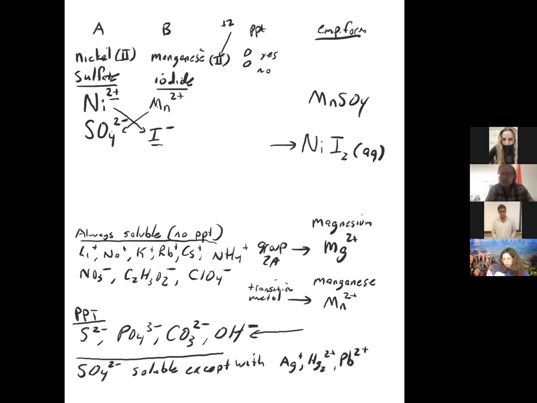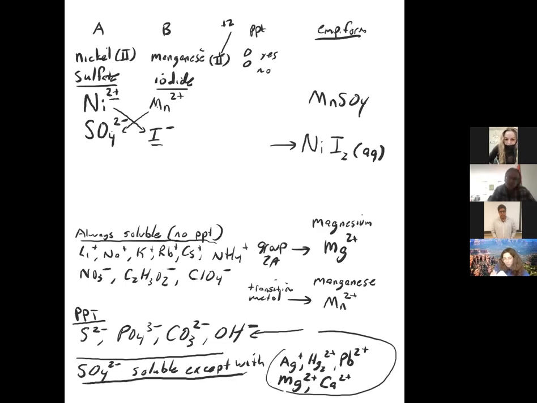But there's a couple of others too. Mg is an example, and calcium is an example. So it's also not soluble with those ones, but it should be soluble with everything else. As long as it's not in this little list here, it should be soluble.